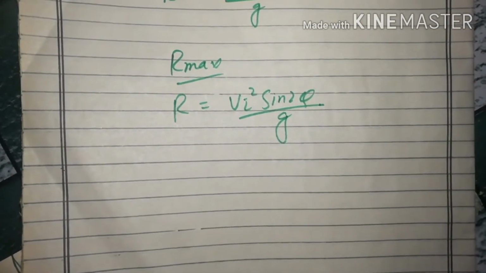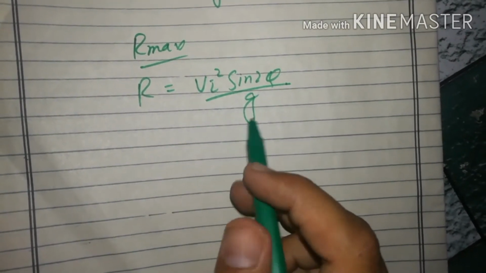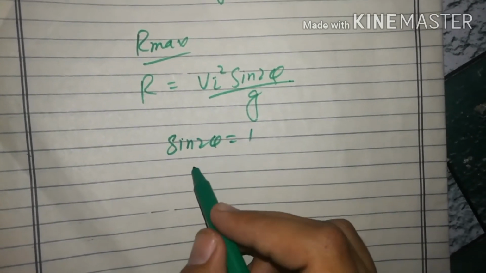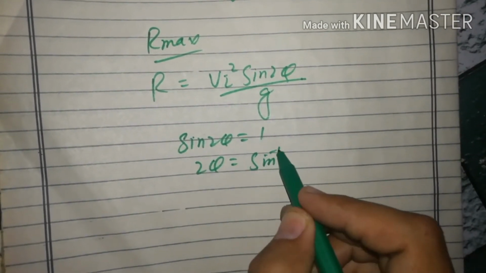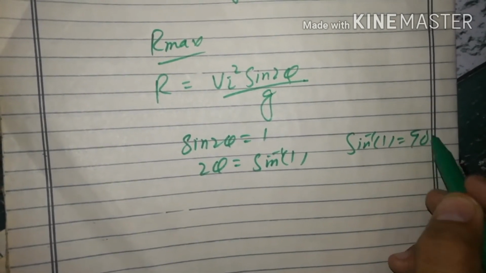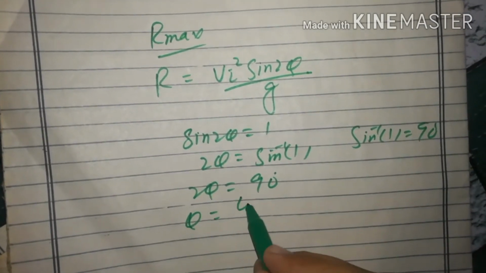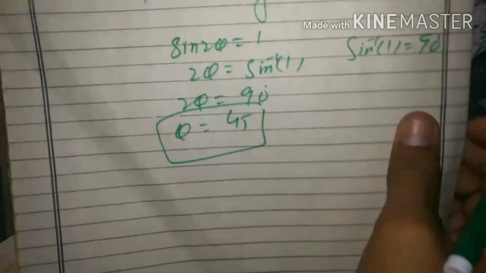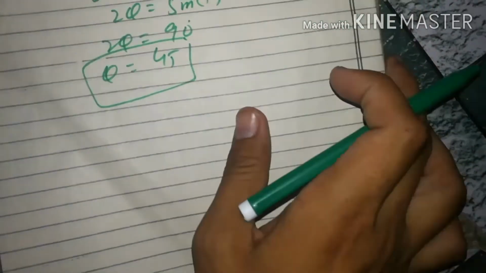Okay friends, the horizontal range will be maximum if sin 2 theta is equal to 1, that is 2 theta is equal to sin inverse 1, and sin inverse 1 is equal to 90. So 2 theta is equal to 90 and theta is equal to 45. So if theta is equal to 45, then at this angle the horizontal range will be maximum.